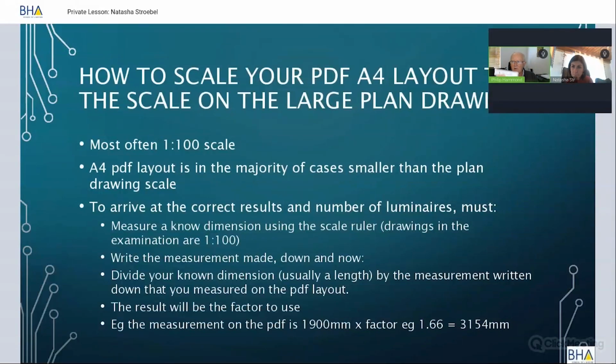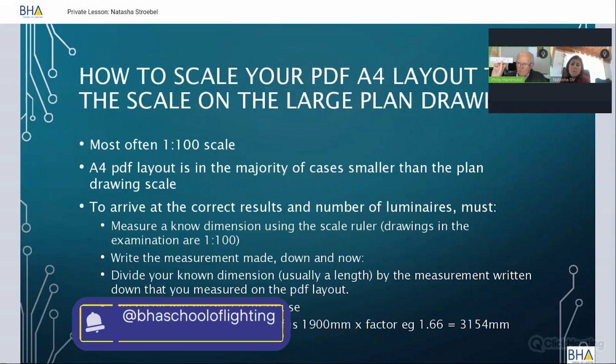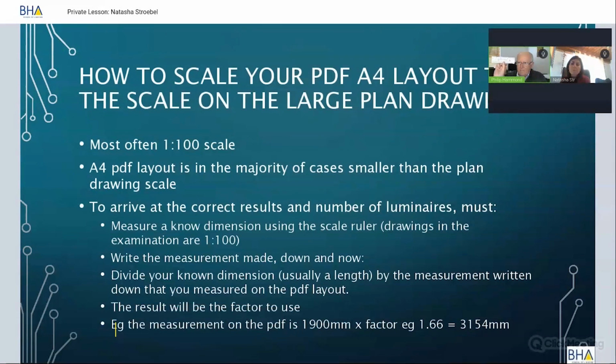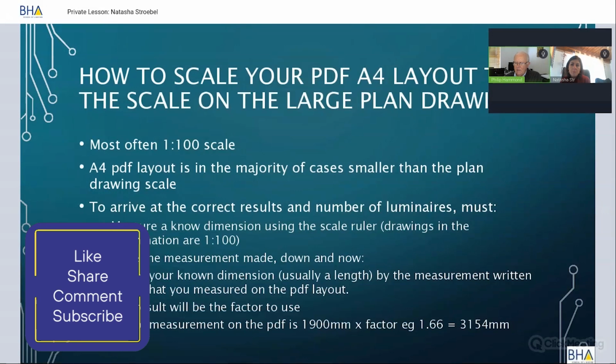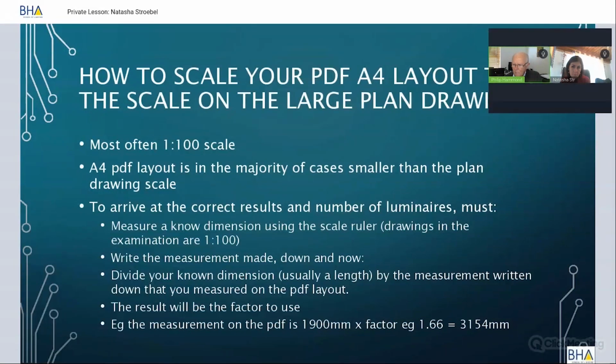Now, there's my little scale rule. This is very interesting because I was given this by an engineer who attended one of my workshops in Durban. Right, so we've got 1 to 1, which is, in other words, a ruler, 1 to 1. 1 to 100 is typically what they use on plans that we work with.